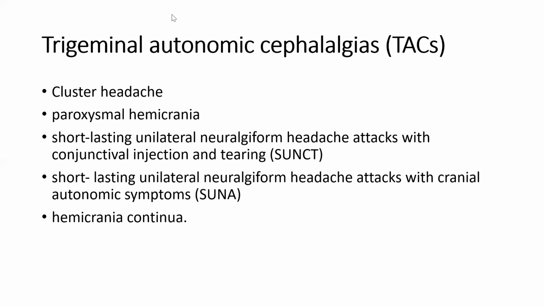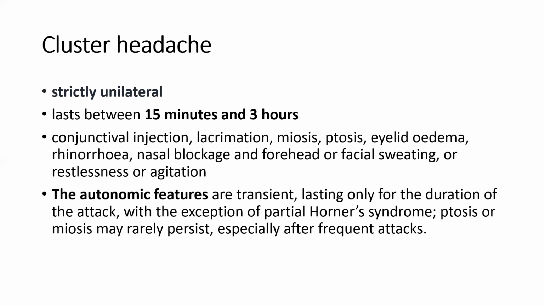So, let's dig in. First, the most important headache is the cluster headache. That is very important. If you want to study the trigeminal autonomic cephalgia, you need to understand that all these types of headache will be strictly unilateral.